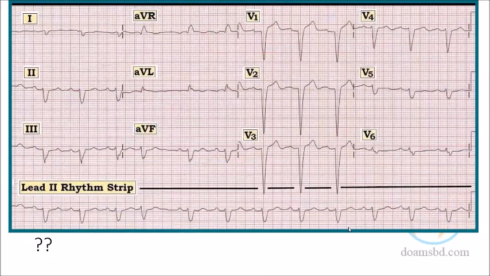So we are going to show you a very typical 12 lead ECG with a long lead 2 rhythm strip. What are you looking at here? Please give your answer. Is there any block?